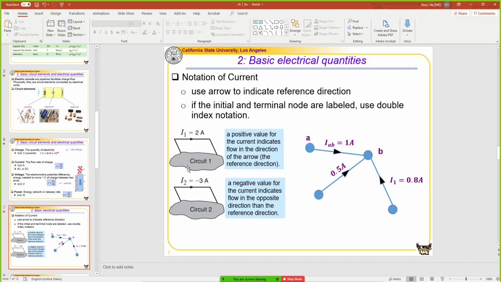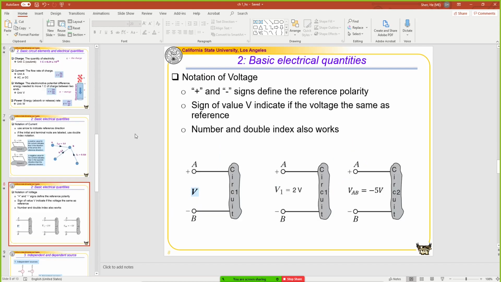Okay, thank you. Next is the notation of voltage. So how do we describe a voltage? Voltage talks about the reference, the electrical potential difference, right? So this is why we need to define the reference polarity. We use the plus and a minus sign to define the reference polarity.